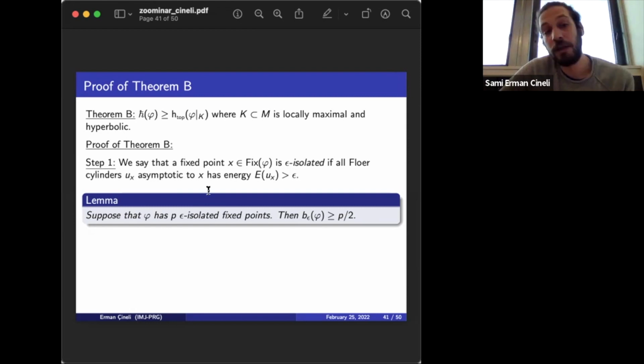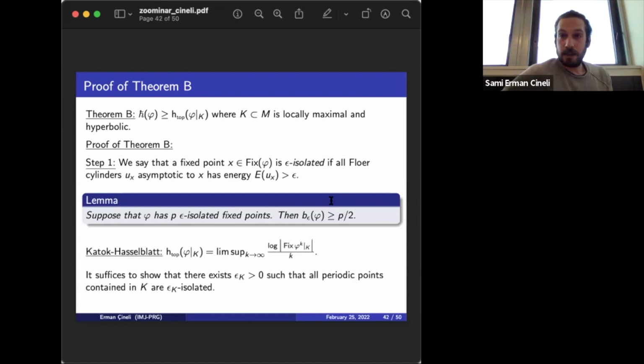So here is the lemma. Suppose that phi has p epsilon isolated fixed points, then b epsilon of phi is at least p over 2. For each such point, we get a bar of length more than epsilon, but if that bar is a finite bar, two ends might satisfy the same property, so we divide by 2.